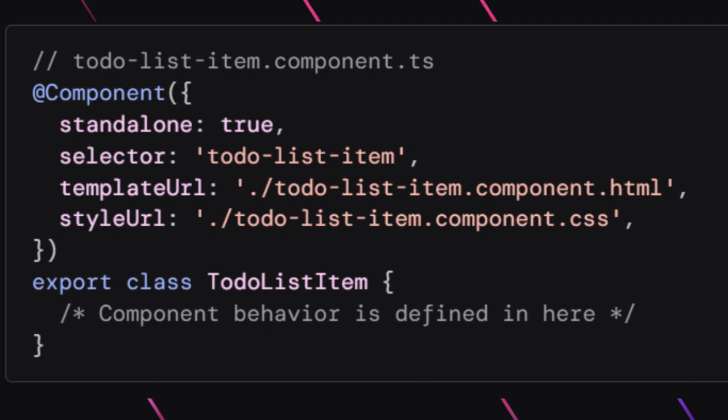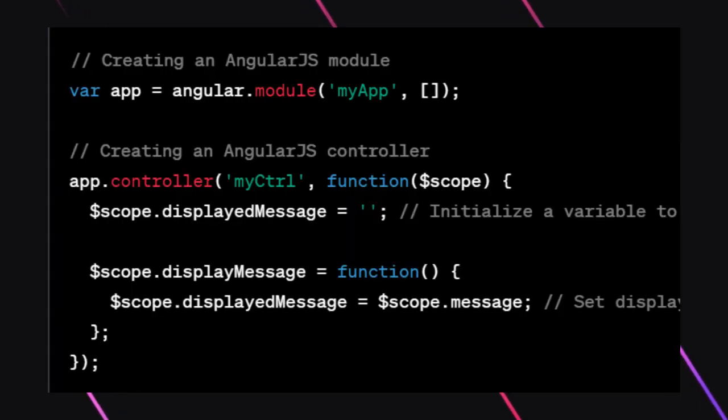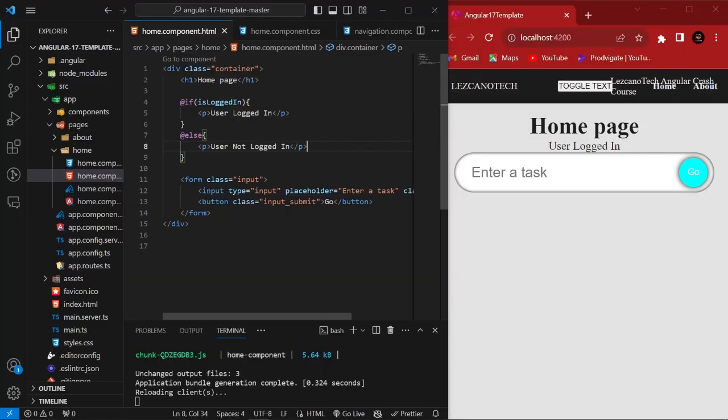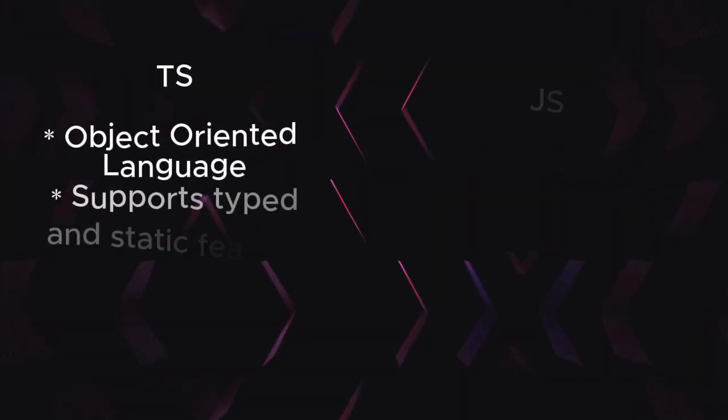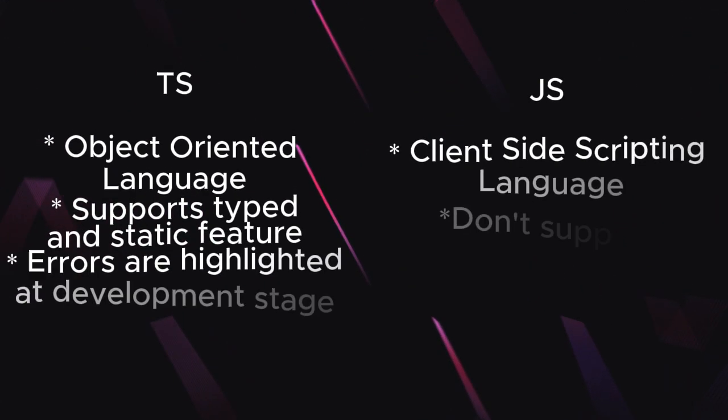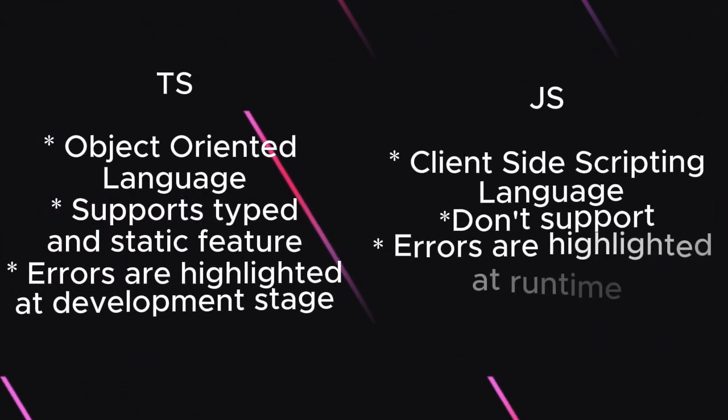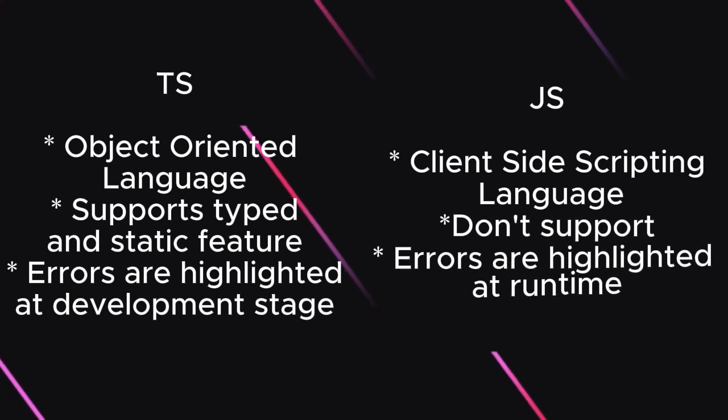And then in normal JavaScript, you just use the if this and so, and then you are good. So the differences between TypeScript and JavaScript are, first of all, TypeScript is an object-oriented programming language, and JavaScript is a client-side scripting language.